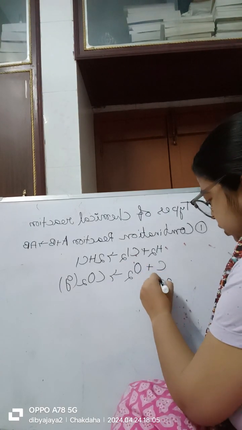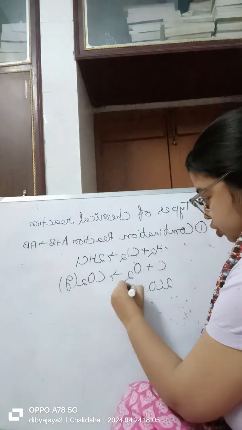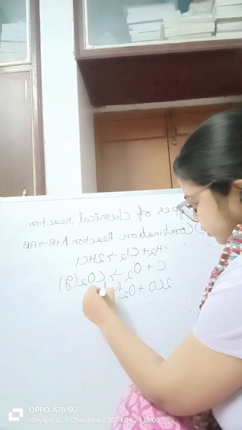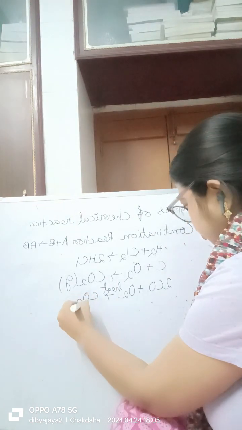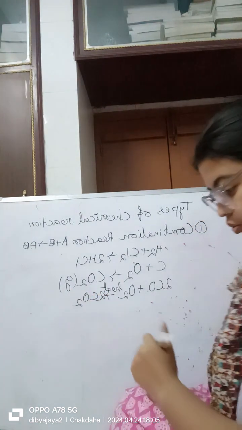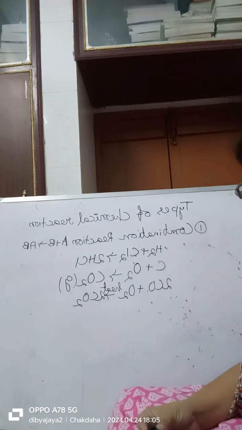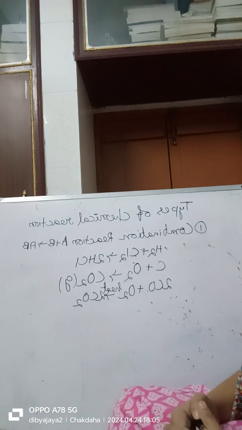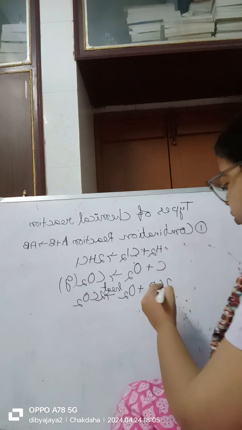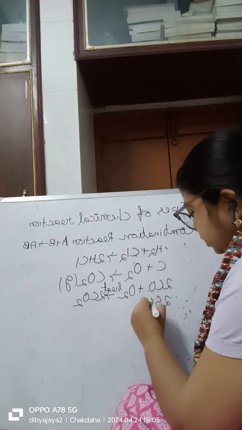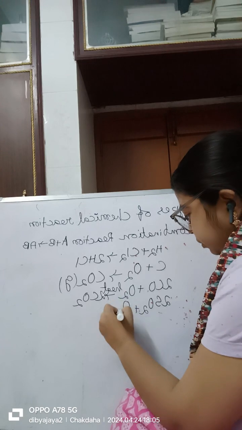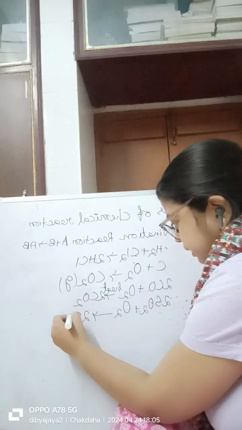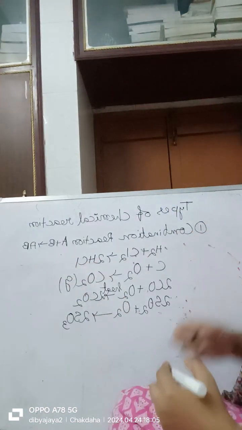Example: 2CO plus O2 forms heat and 2CO2. Next, sulfur dioxide reacting with oxygen forms SO3, sulfur trioxide: 2SO2 plus O2 forms 2SO3.